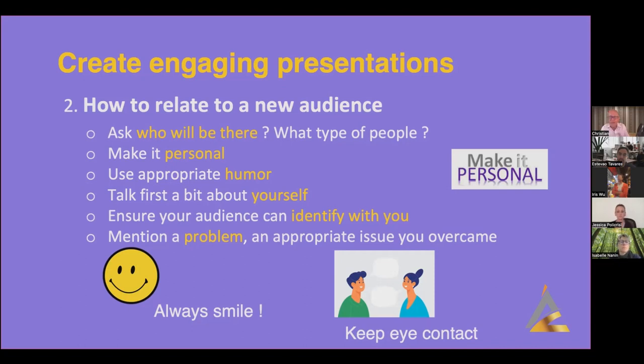Okay, maybe less than 30, but very young entrepreneurs. Maybe it's more senior people. Okay, try always to know what's the majority of people who will be there, or why are they there? Why do they come? Because that brings a commonality between them, and you can use that to relate to them.